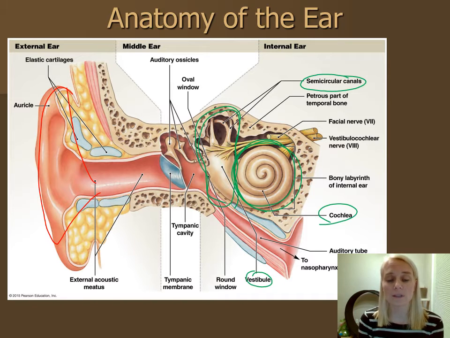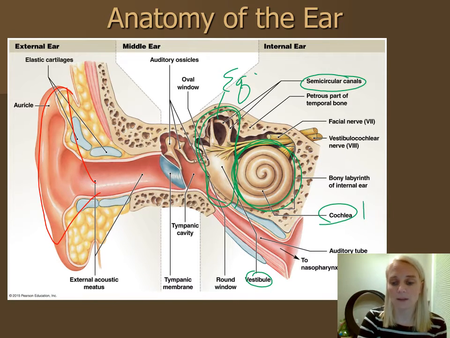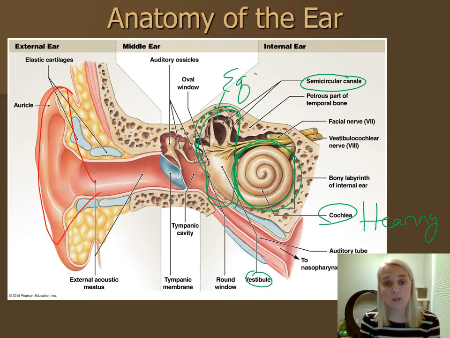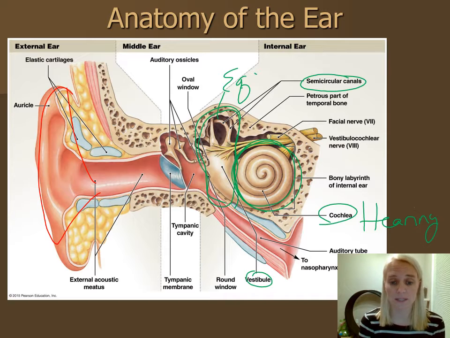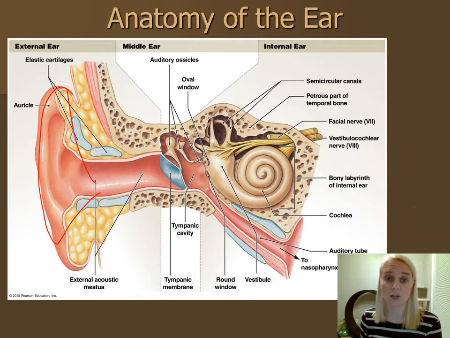The vestibular complex is where the sensation of equilibrium is picked up and sent to your brain, and the cochlea is where hearing happens. So this is equilibrium, this is hearing. We're going to zoom in on those and take a closer look at the detail. But in the big picture, this is our anatomy of the ear. We have external ear, middle ear, and internal ear, and it is in the internal ear where the physiology of hearing and equilibrium take place.